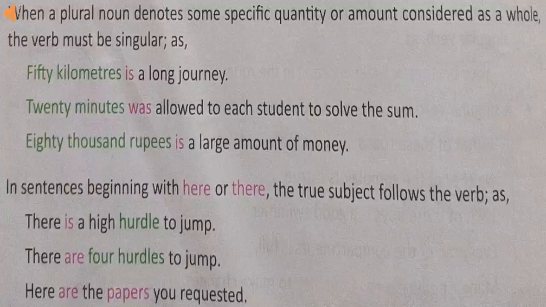There are 4 hurdles to jump. In this sentence, 4 hurdles, plural, is the true subject and according to this the verb are is used. Here are the papers you requested. In this sentence, papers is the main subject, the true subject, and according to this the verb are, which is plural, is used.